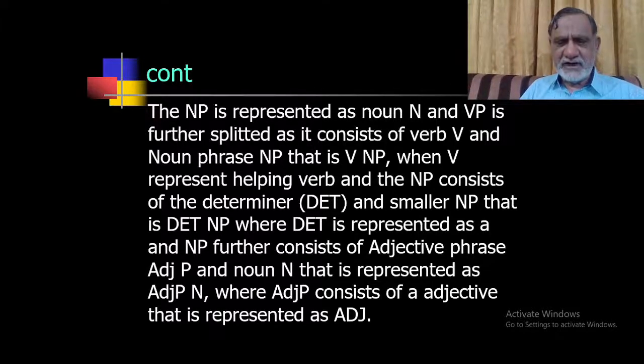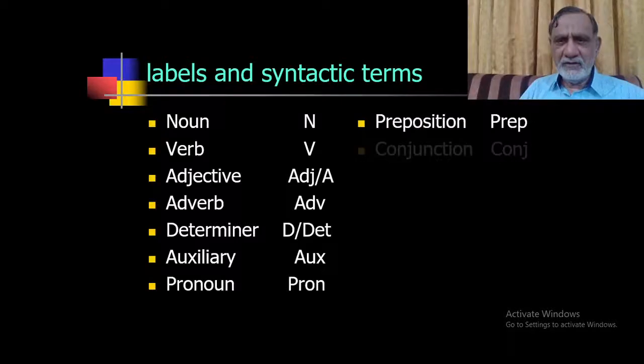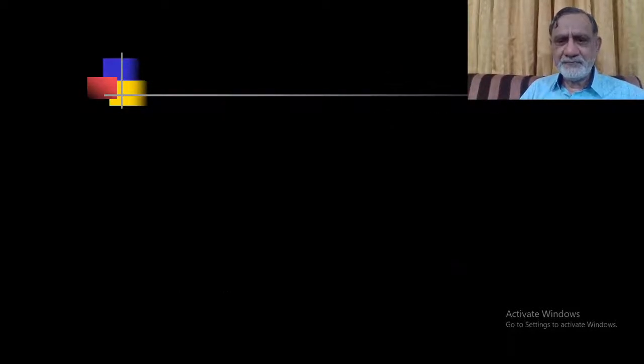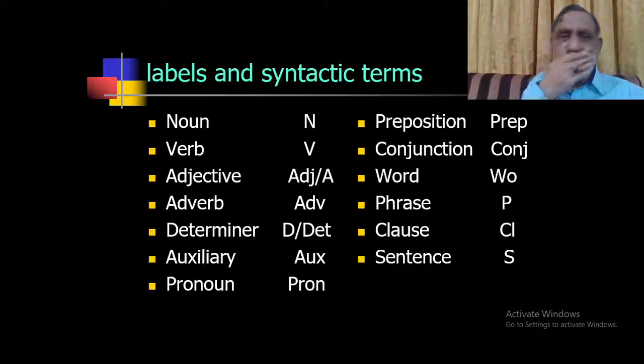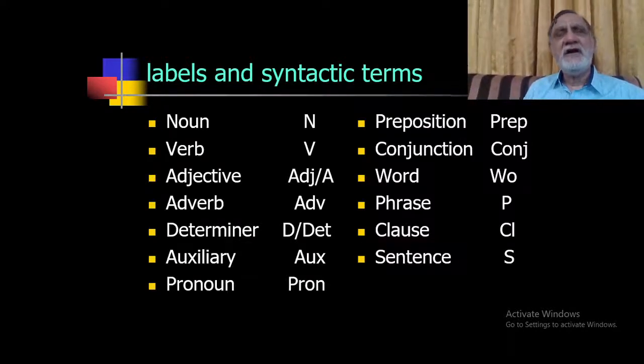This example will clarify. Don't be confused by these terms, because these are the terms which are being used here. These are the abbreviations which would be used in the structure table. So unless you know these terms, you would not be able to encode and decode the syntactical structure.